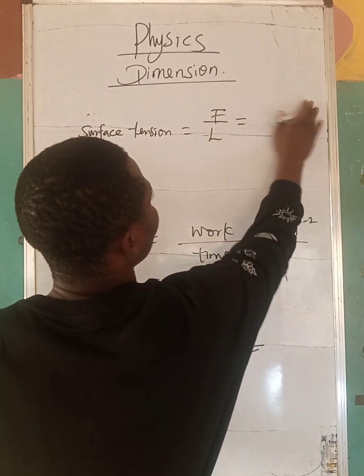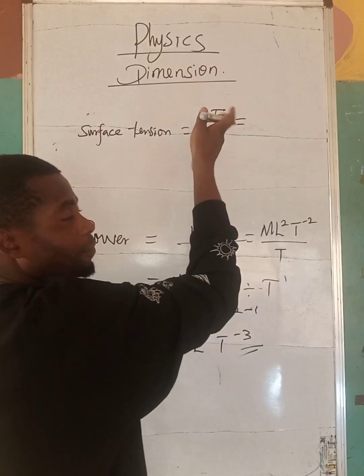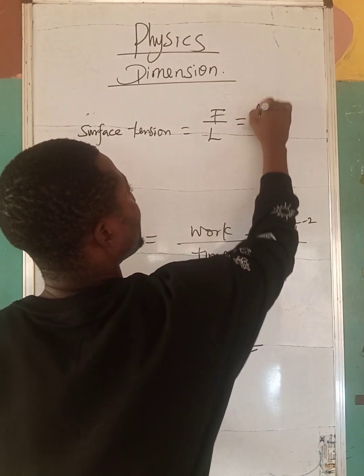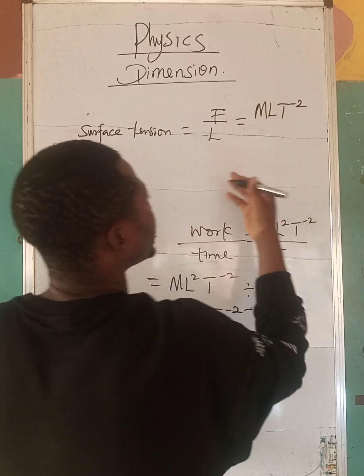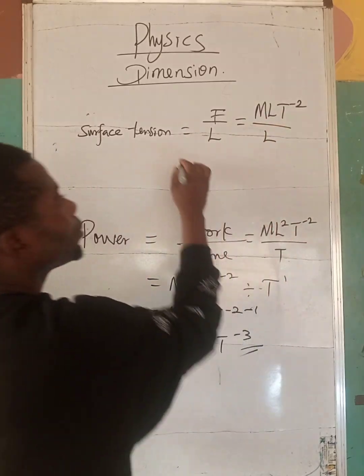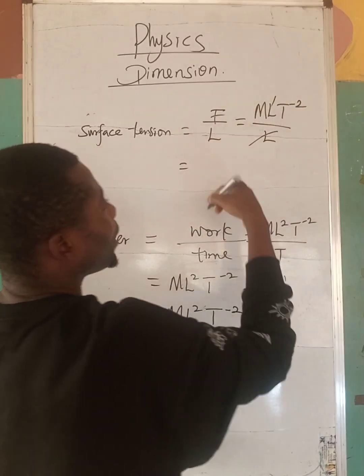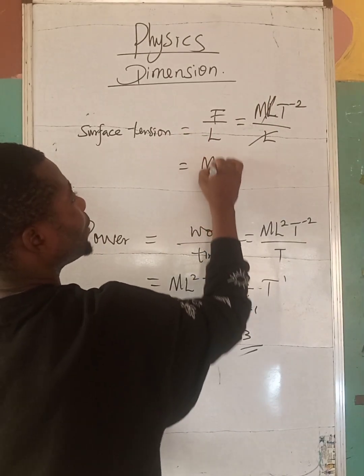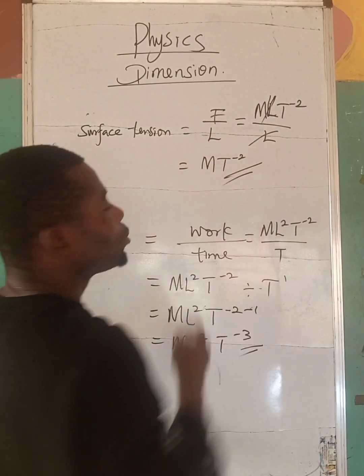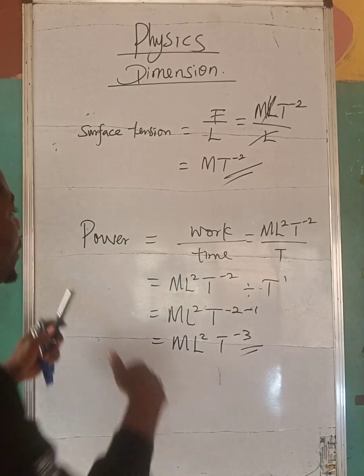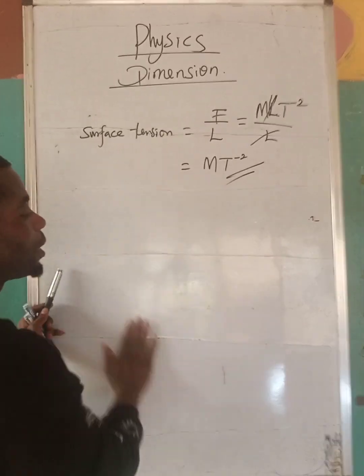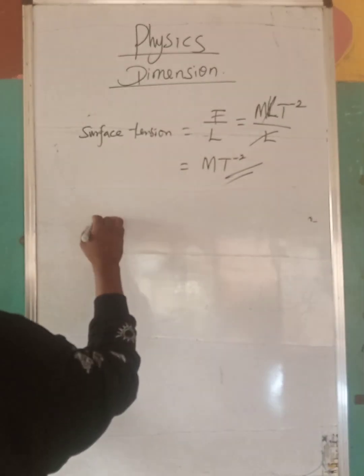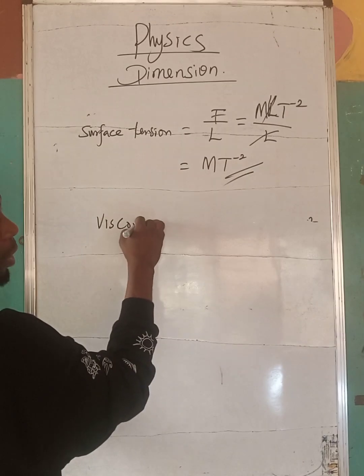So what is the dimension of F? M L T^-2, over L. When you solve this, L cancels L, and you have M T^-2. Now let me give you this, and give me the answer in the comment section: what is the dimension of viscosity?